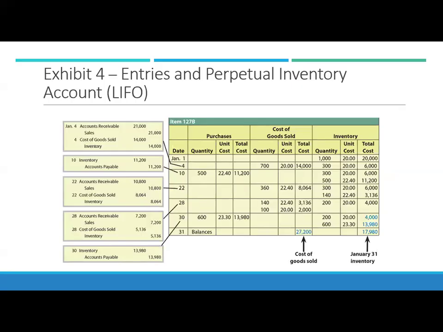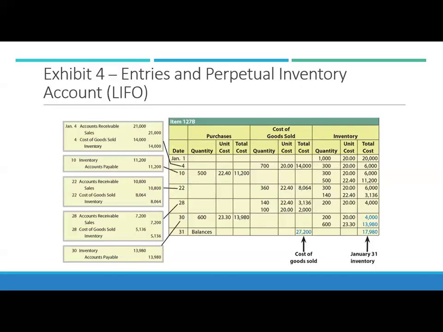So for LIFO, our initial transaction is the same because the 700 units comes from the $20 inventory because that's all we had at the time. Then we make another purchase and we add 500 units of $22.40 inventory. And so we have the 300 units at $20, the 500 units at $22.40. When we make a sale of 360 units, this all gets taken from the 500 units of $22.40 inventory that can fully be applied to this sale because it's only 360 units.